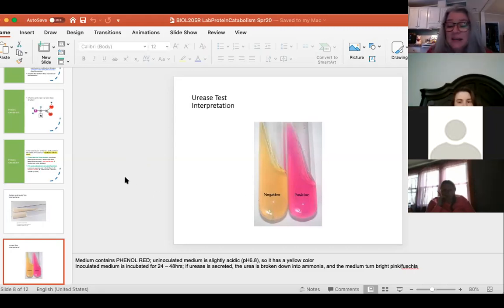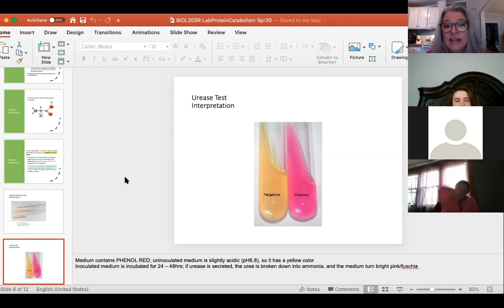Now, this medium has an indicator dye in it, as you can see by the picture. The indicator dye in here is our old friend phenol red. And if you recall, phenol red turns yellow in acid conditions, at least that's how we've seen it used so far.